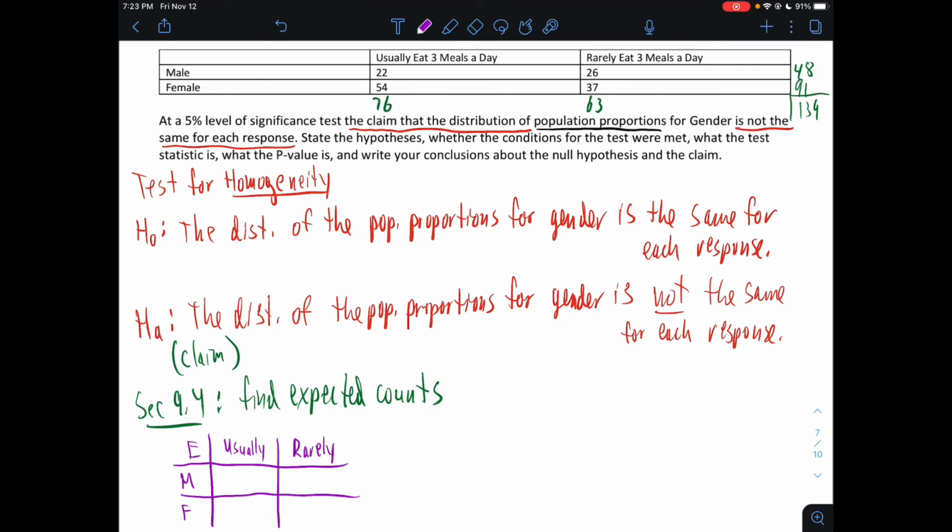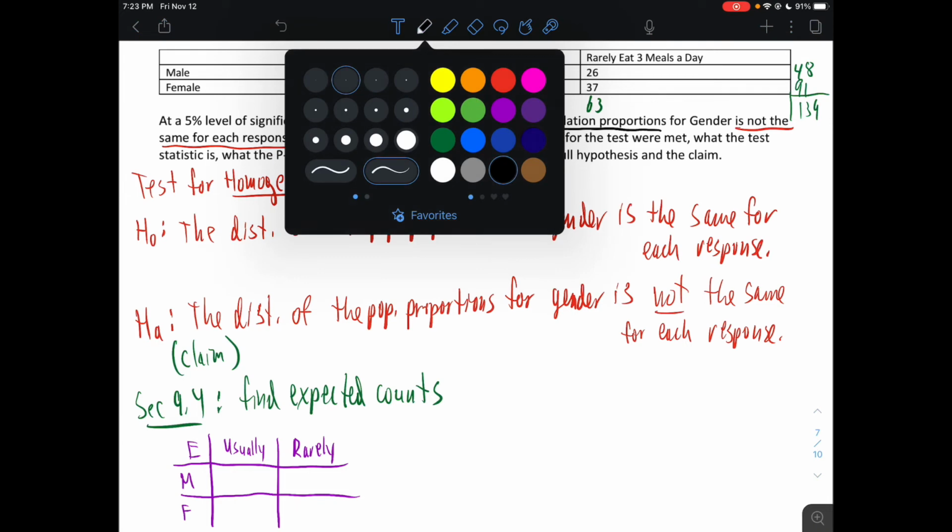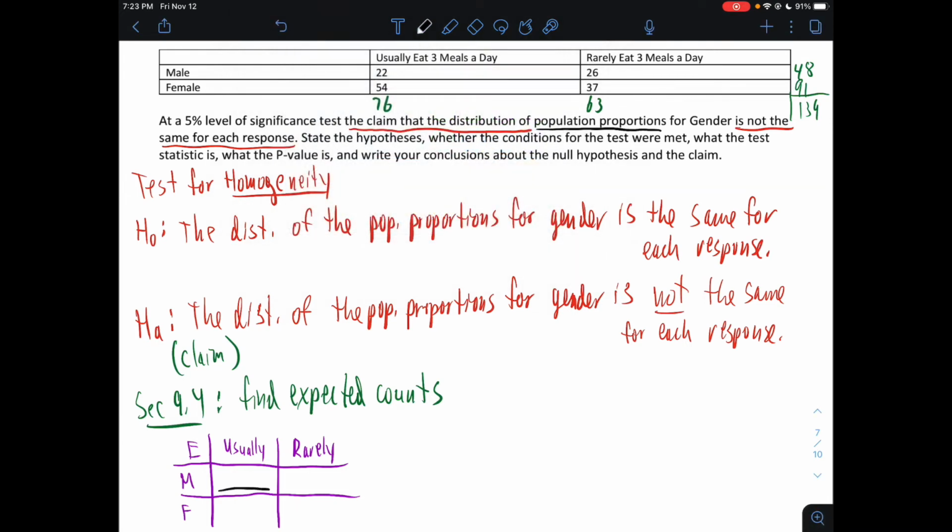So for example, in the space that would be male and usually eats 3 meals a day, it would be the row total of 48 times the column total of 76 divided by the grand total 139. 48 times 76 divided by 139, and we get 26.245.